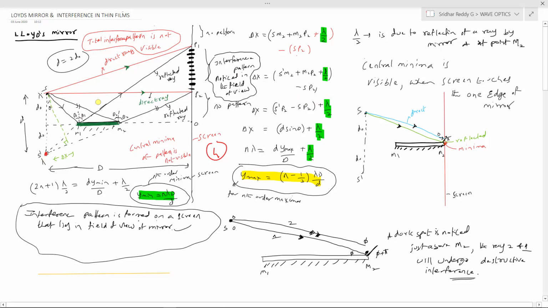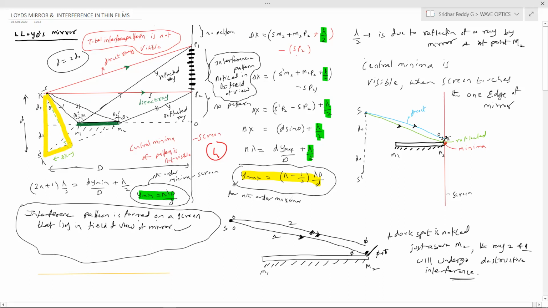Then from the Young's double slit setup, compared to SP2, how much additional path will S dash P2 cover? Looking at the diagram, this is the additional path. So what is delta X? I'll take the help of this triangle.